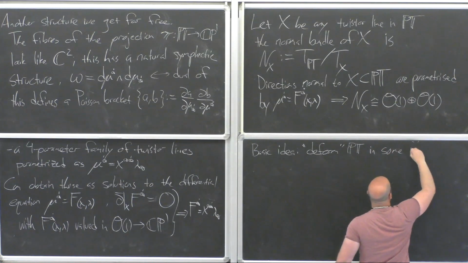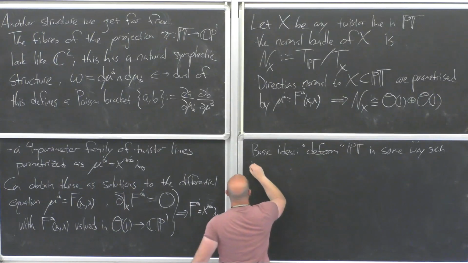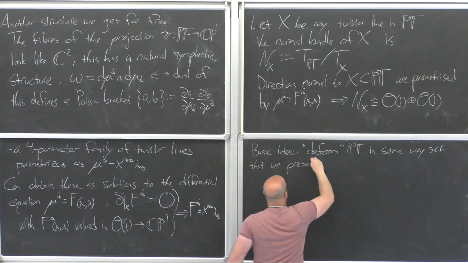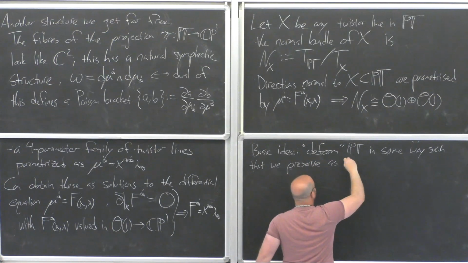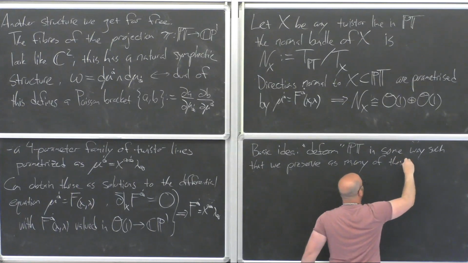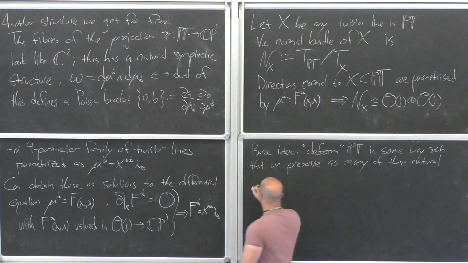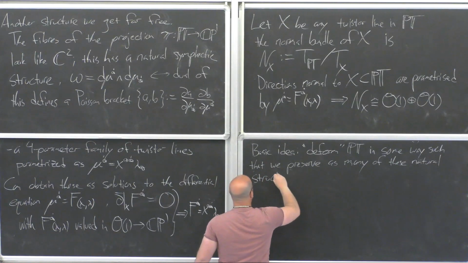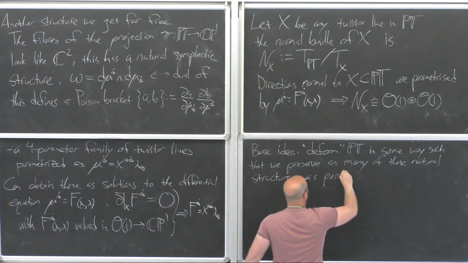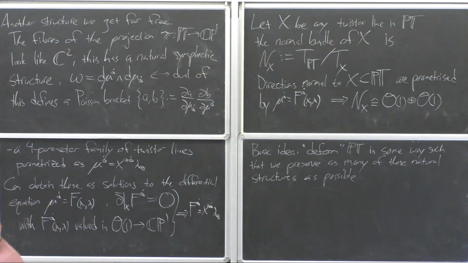So in some way such that we preserve as many of these natural structures as possible. Why do we want to preserve as many as possible? Well, these are the structures that gave us the twistor correspondence in the first place.